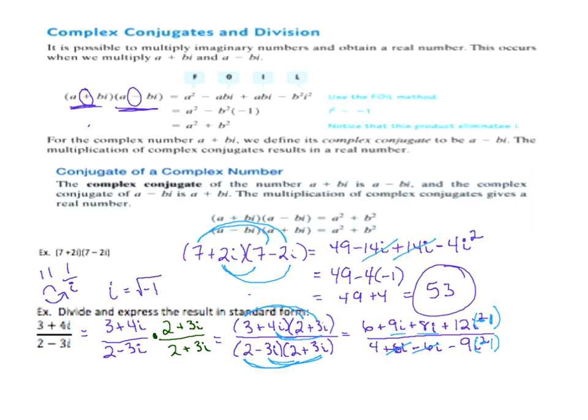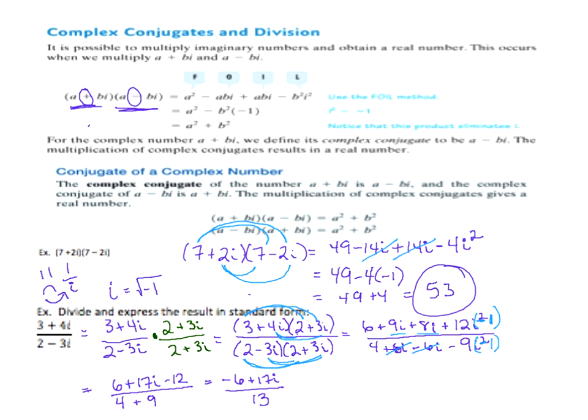I'm just going to simplify, make this a little easier on the i's. 6 plus 17i minus 12, because positive 12 times negative 1, over 4 plus 9. Simplifying further, I can combine my 6 and my negative 12 in my numerator, and that gives me negative 6 plus 17i over 13.